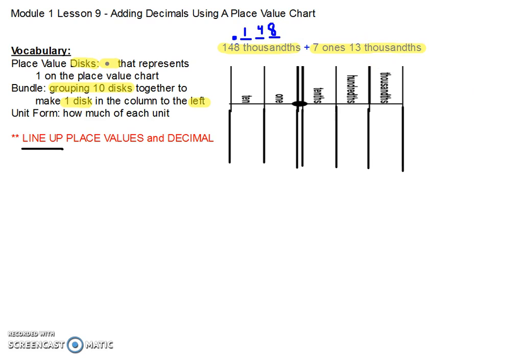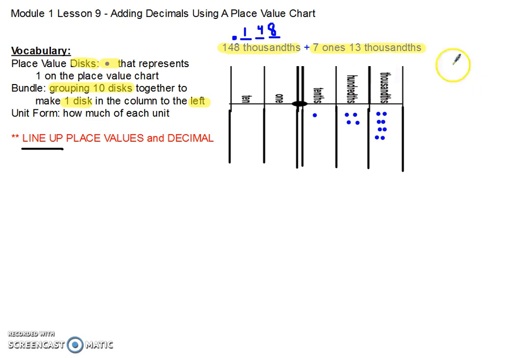And now we can look at this and say, oh, I have 1 tenth. I have 4 hundredths. And I have 8 thousandths. Which is exactly the same as 148 thousandths. I just bundled, before I had to draw 148 thousandths discs.